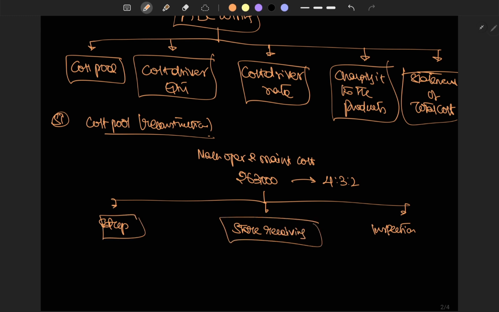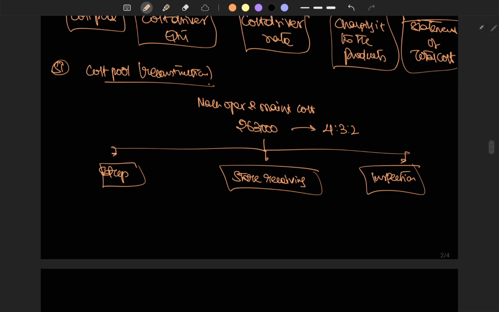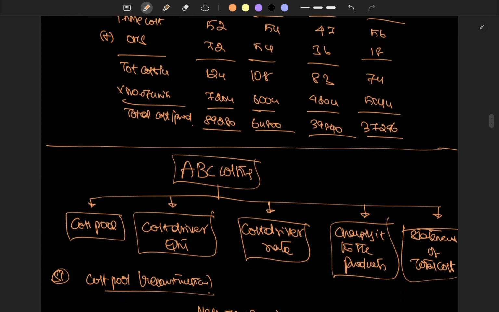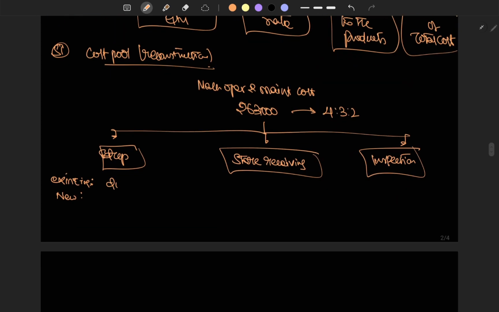Existing balance: what's the existing overheads of all these activities, and what's the new apportionment happening with this ratio 4:3:2, right? So existing balance, what do they have? 20,000, 15,000, 10,000. Okay, 63,000.